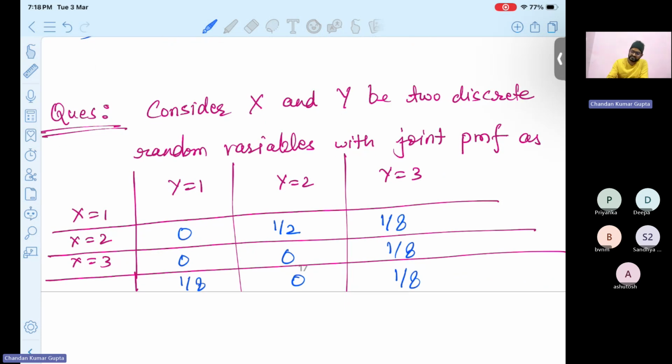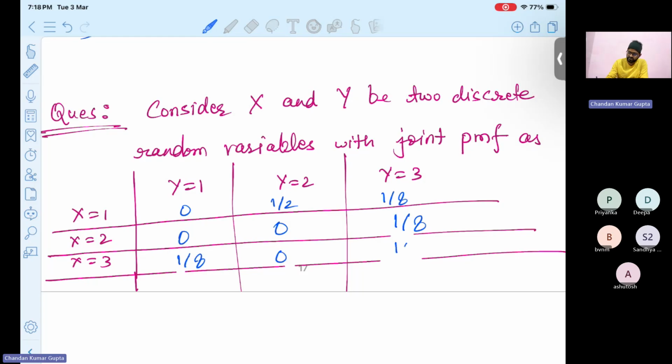Okay, I have written something wrong, let me correct it. So it's 0, 1/2, 1/8, 0, 0, 1/8, and 1/8, 0, 1/8. Okay, these are given.